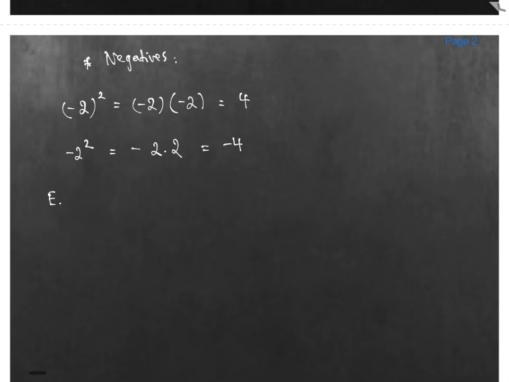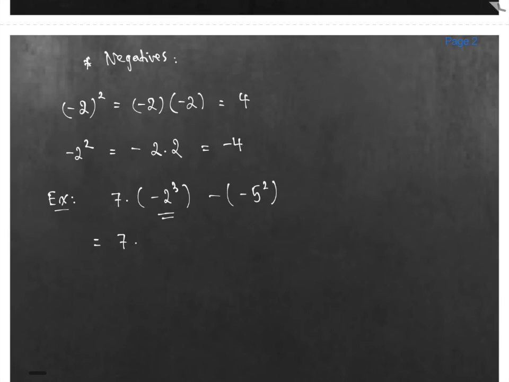One of the examples that we did in class is 7 times (-2)³ minus (-5)². For this, depending on the way we write the parentheses, the way we write the negative in front of the number, you may have a different result for the calculation.